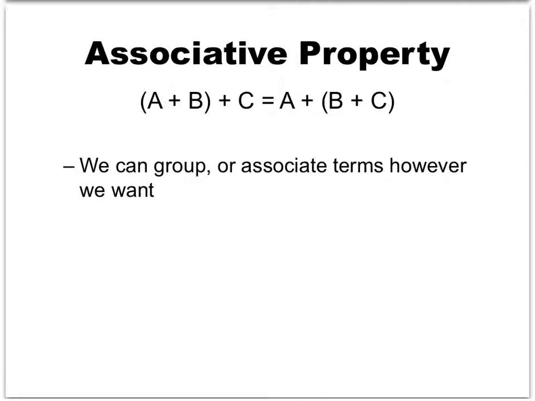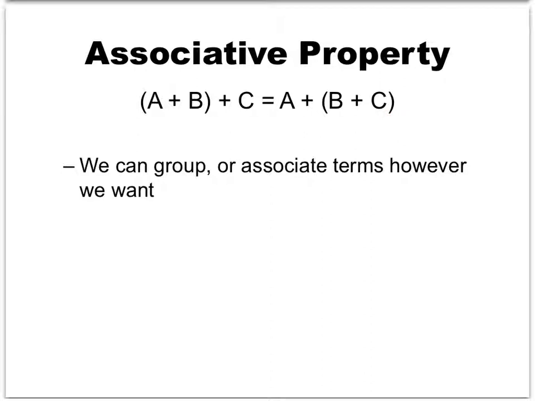This one looks a little more complicated because it deals with expressions involving three terms. It says that the quantity a plus b plus c is the same as the quantity a plus the quantity b plus c. Remember, when we have parentheses like this, that means that we do everything inside the parentheses first. So this side says we add the a and the b first.